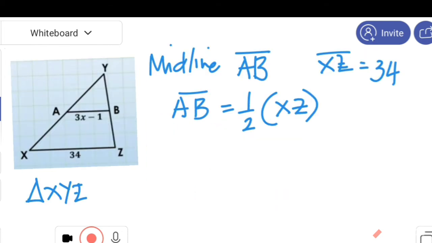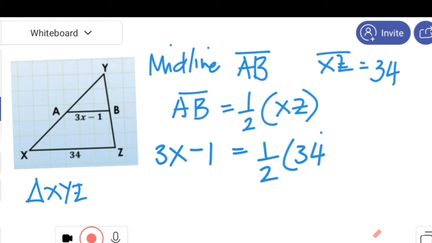AB is 3x minus 1, is equal to 1/2 of 34. Okay, so what is 1/2 of 34? Very good, 17 is equal to 3x minus 1.